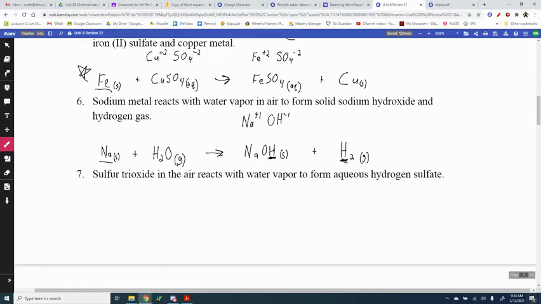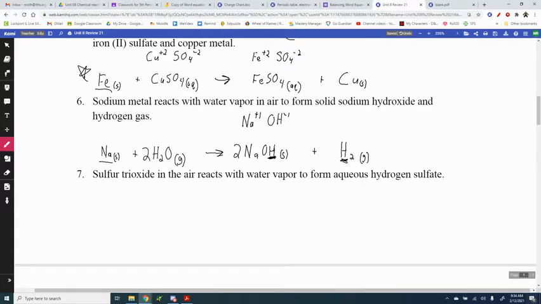Okay, so to get rid of an odd number, the easiest way to do that is to multiply it by 2. Okay, so I'm going to put a 2 right there. So that will now double our amount of Na, O, and it will double this H. So now we're going to have 4 total H's. So we got rid of our odd number of H's. Hooray! So we can now balance our H's. We can put a 2 there.